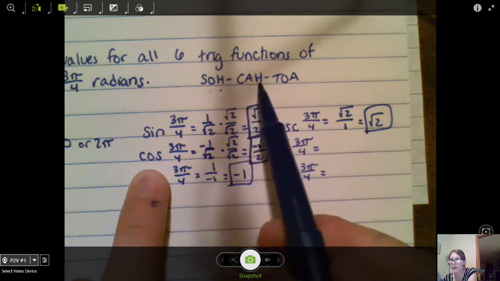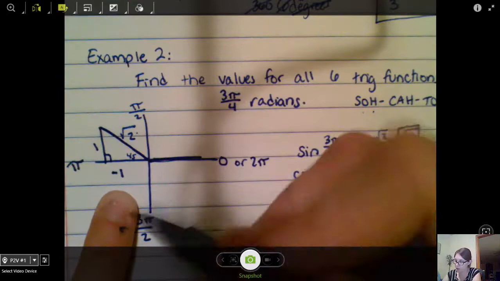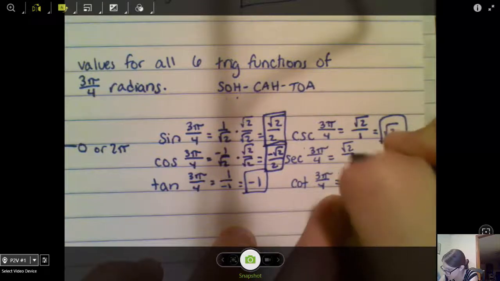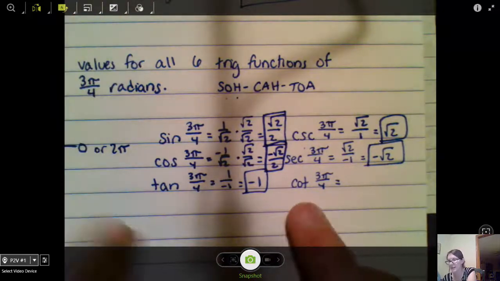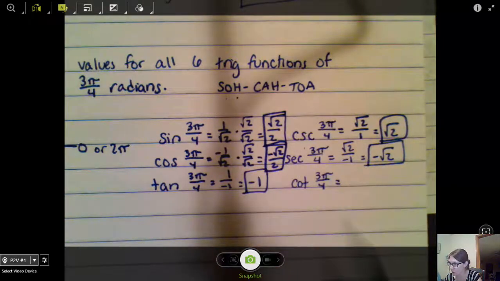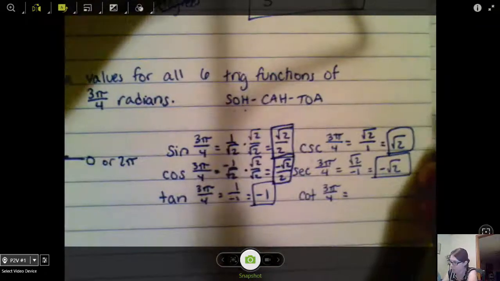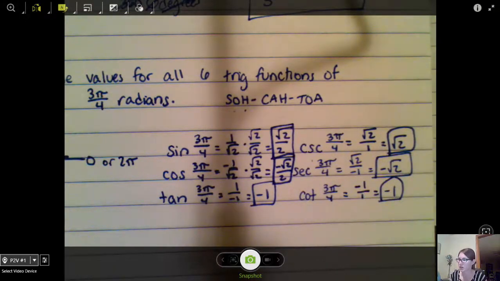Cosine is adjacent over hypotenuse. So secant is hypotenuse over the adjacent. Hypotenuse over the adjacent, square root of 2 over -1. And then tangent and cotangent are reciprocals. Tangent is opposite over adjacent. So cotangent is adjacent over the opposite. Adjacent over opposite, -1 over 1. And those are 6 trig functions.